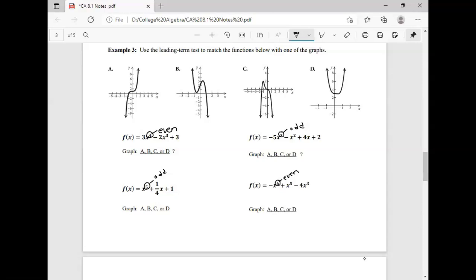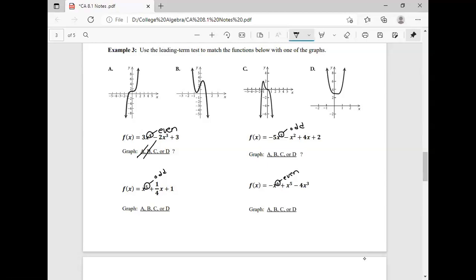So already, whenever I'm looking at whether this one is graph A, B, C, or D, since it says even, both of the tails should be pointing the same way. So I know right away, A is pointing 2 different directions. B is pointing 2 different directions. So it's not A or B because it's even. It has to be C or D where the tails are pointing the same direction.